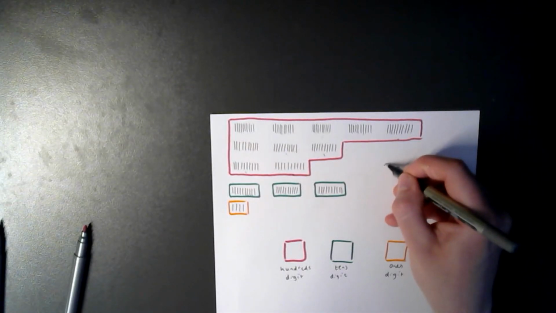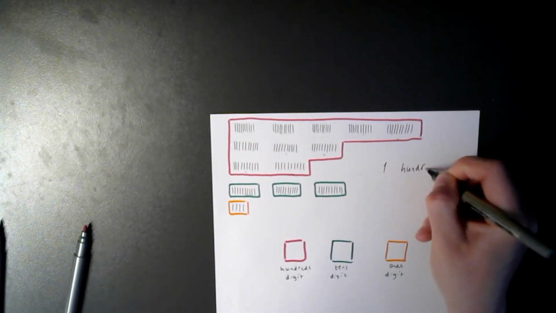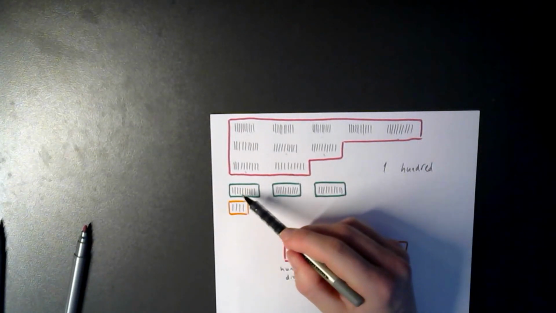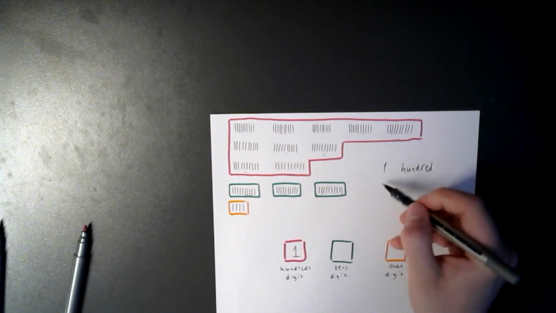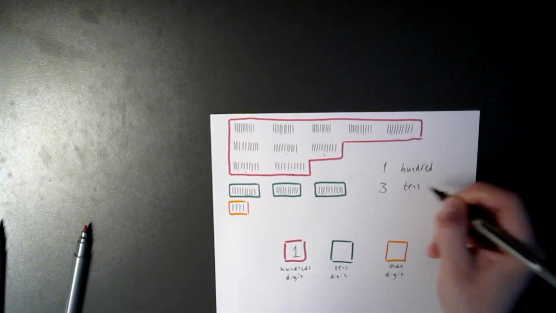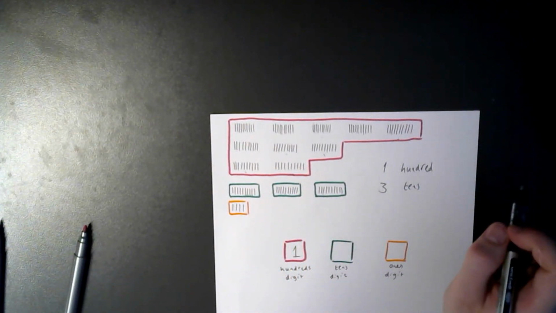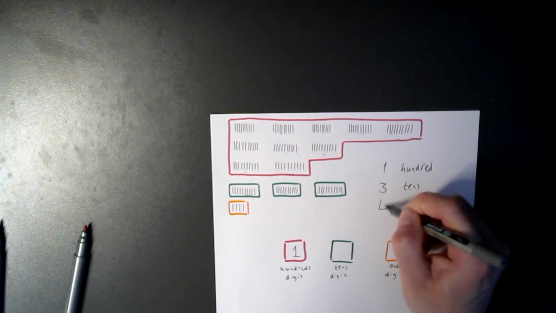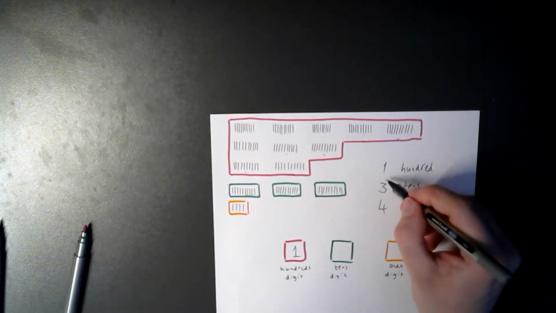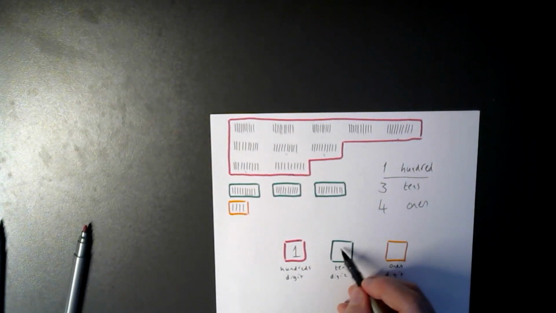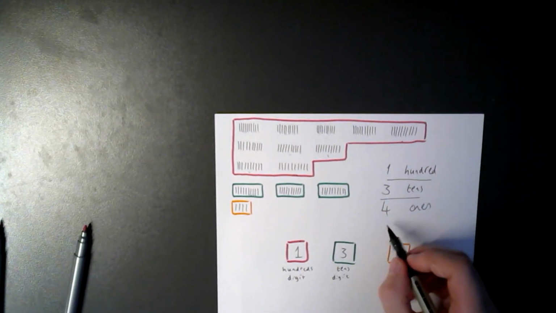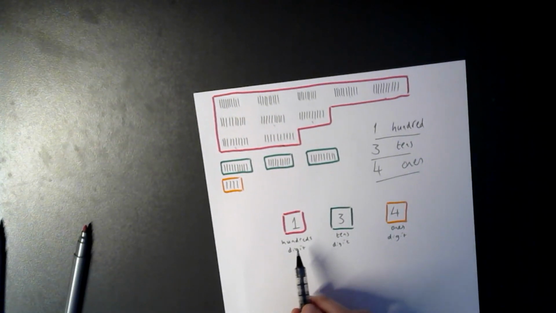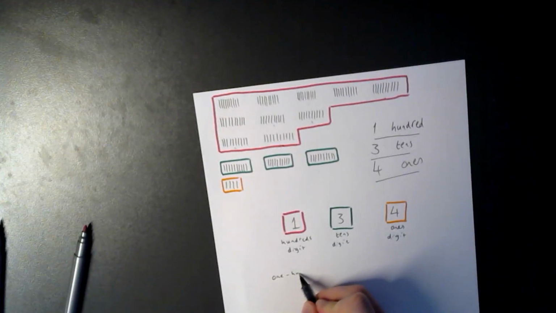So there's 100, and we put a 1 here. There's 1, 2, 3 tens, because we've got 3 groups of 10. And then there's 1, 2, 3, 4 ones. So there's 100, which goes here, 3 tens, and then 4 ones. So we have the number 134.